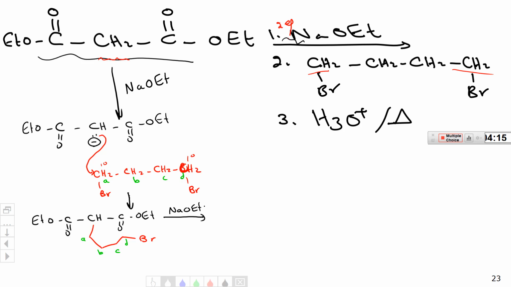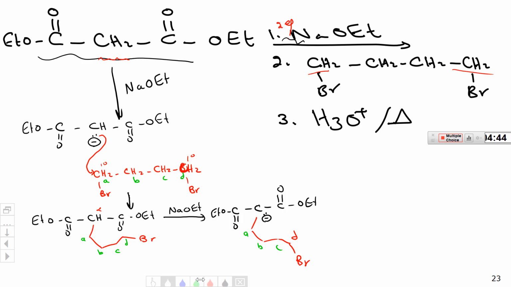As we've seen in the examples before, if we have sodium ethoxide and there is still one alpha hydrogen, it will be deprotonated. So the next step is the deprotonation of the alpha. So A, B, C, and this is carbon D with the BR.